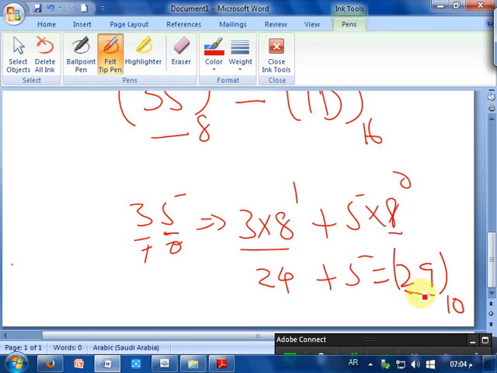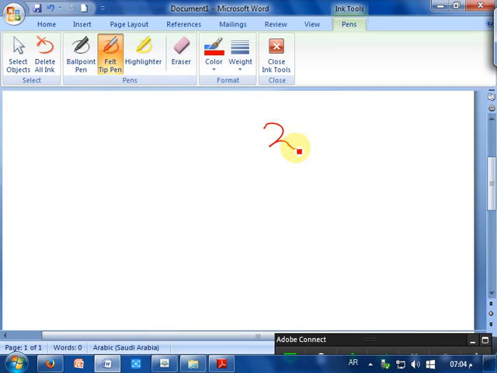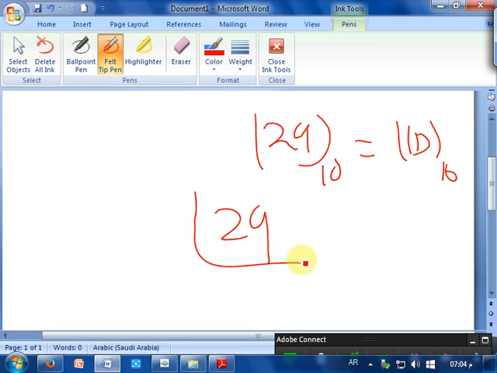Now convert this decimal into hexadecimal. 29 decimal into hexadecimal, you should get 1D. The formula is 29 divided by 16.